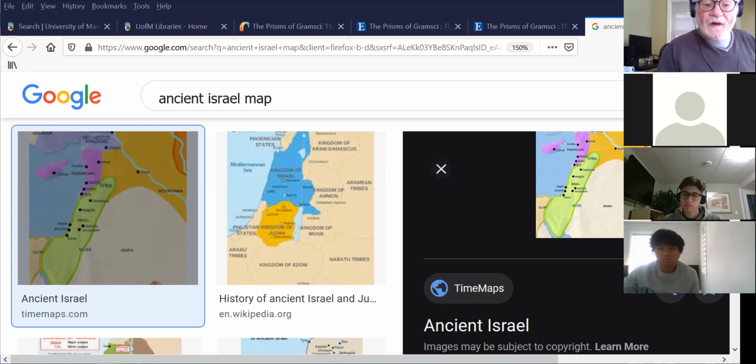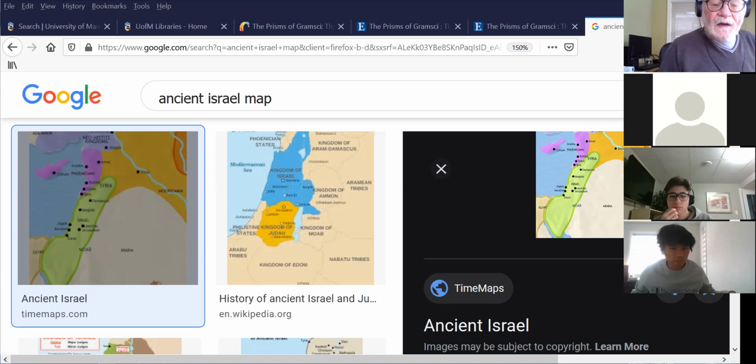Osiris is the god of the underworld, and they were seen to have offspring, and the pharaoh, who was himself a god, was considered to be the offspring of these two gods, Osiris and Isis.